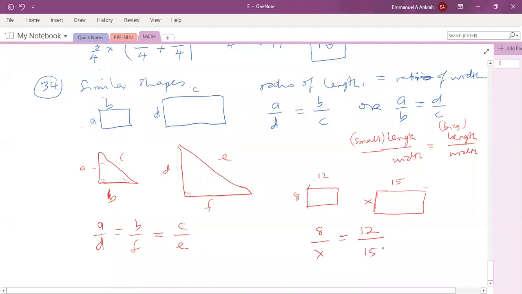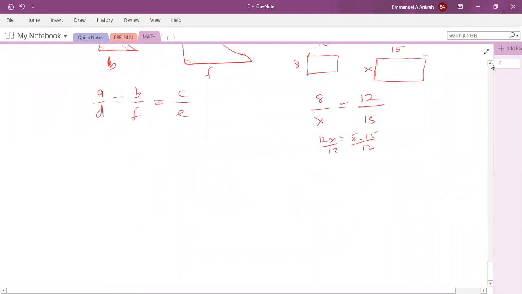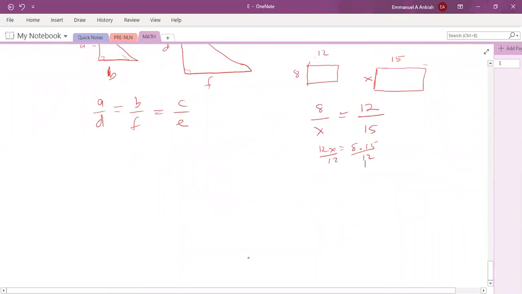Okay, and then we can solve the proportion. You have 12x equal to 8 times 15, and I can divide by 12 on both sides and then you get the answer. So x is equal to 8 times 15 over 12. You can use a calculator, 8 times 15 divided by 12, or if you like to reduce like me, you can reduce to lowest terms and get the answer.